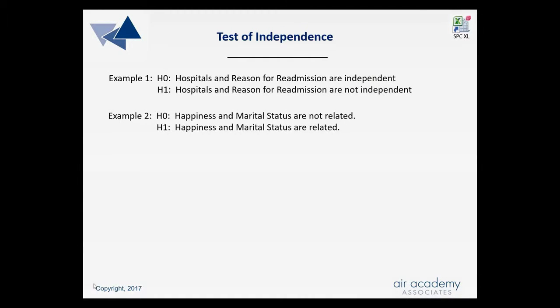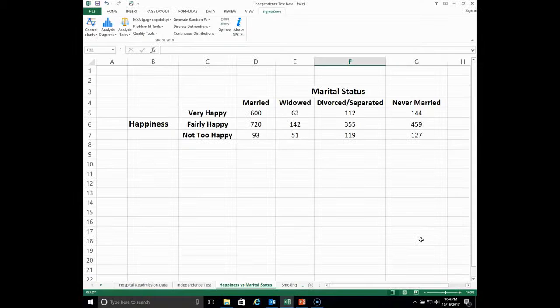A second example we'll look at is looking at the categorical variables called happiness and marital status. Let's check to see if there's any relationship between these 2 categorical variables. The data you see here on this Microsoft Excel spreadsheet comes from a very large sociological study that involved many variables, including marital status and a question on happiness.